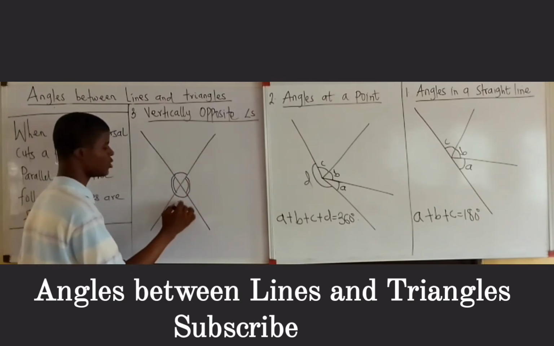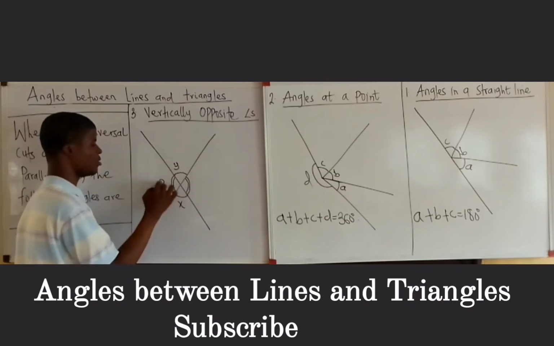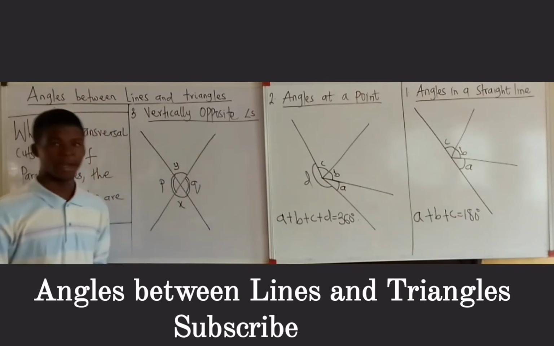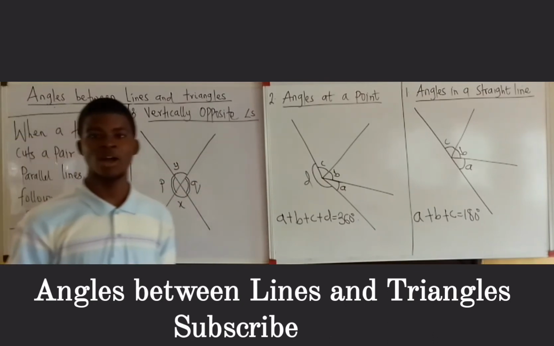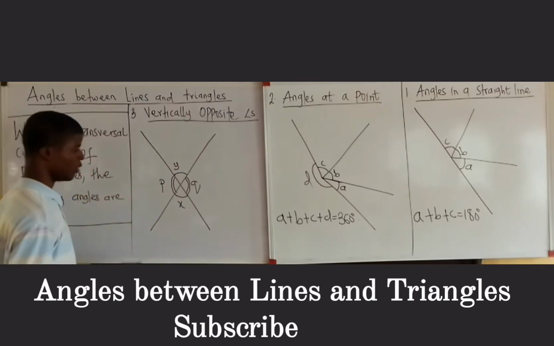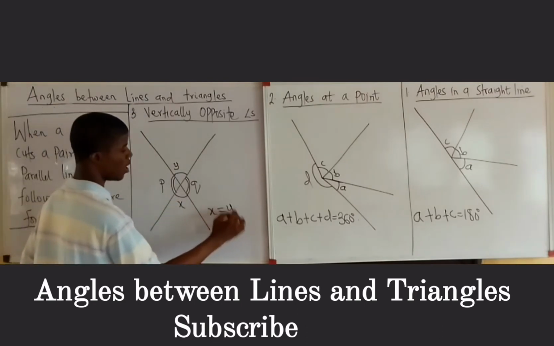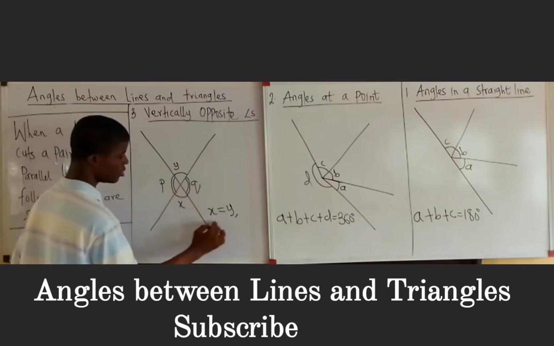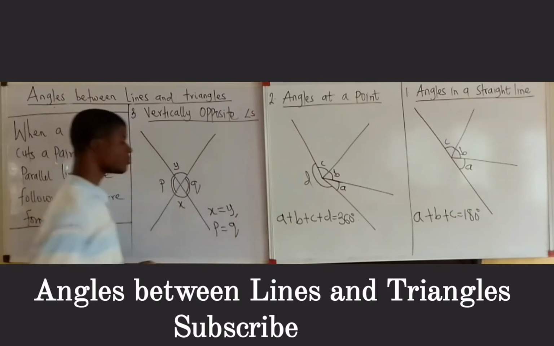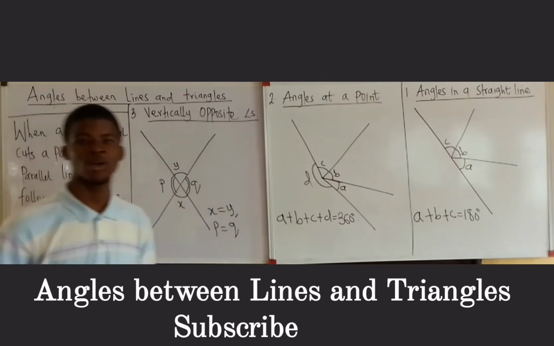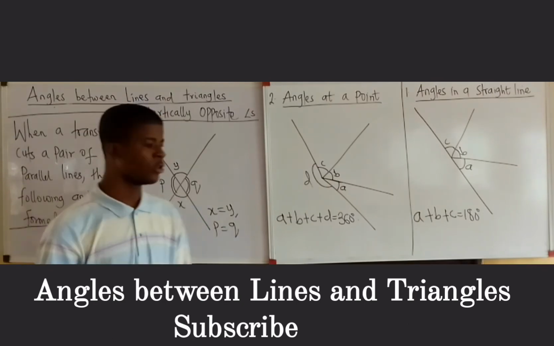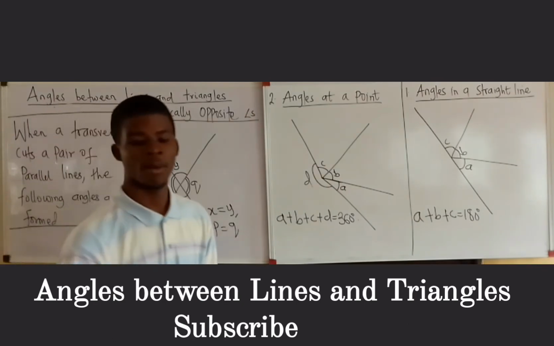If, for example, there is X and Y, and P and Q, the rule states that vertically opposite angles are equal. That is to say, X is equal to Y, and P is equal to what? Q. So vertically opposite angles are equal. That's what the rule is talking about.